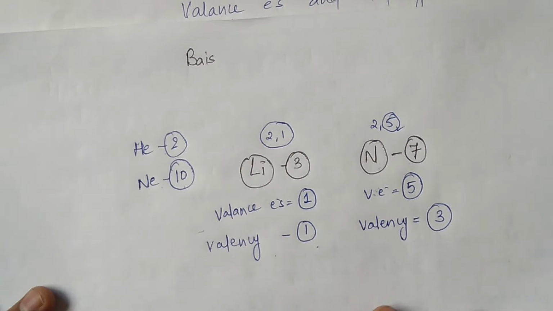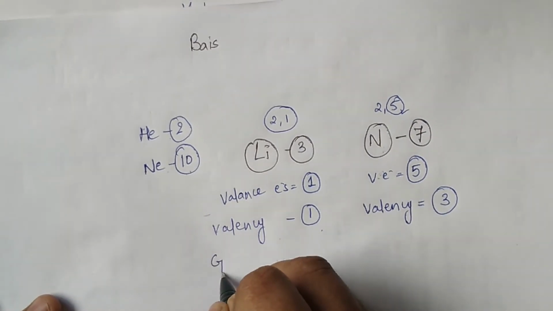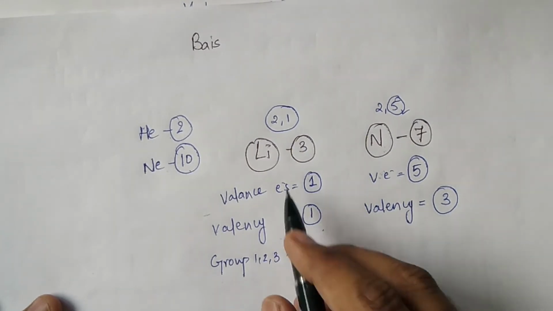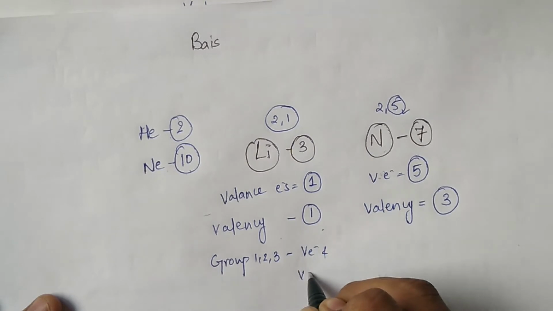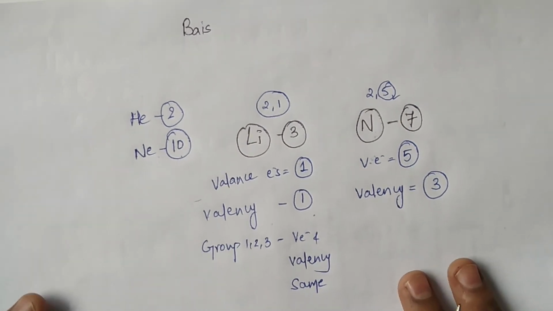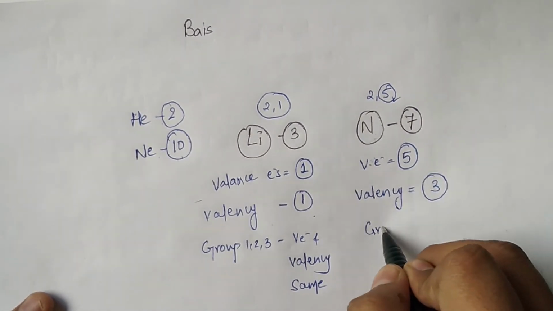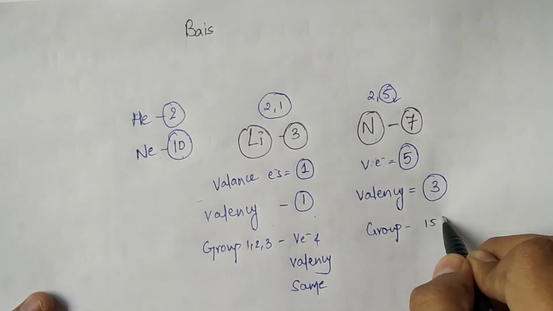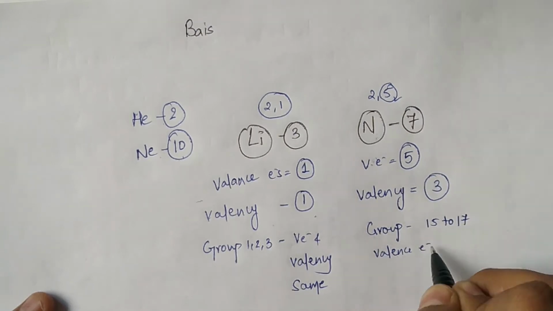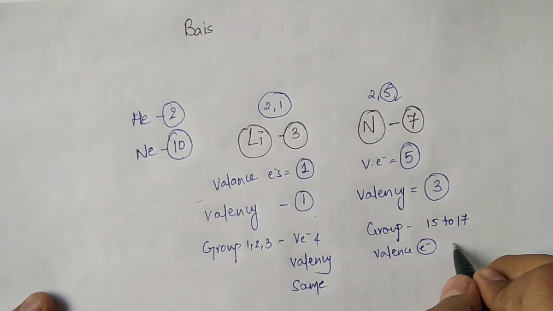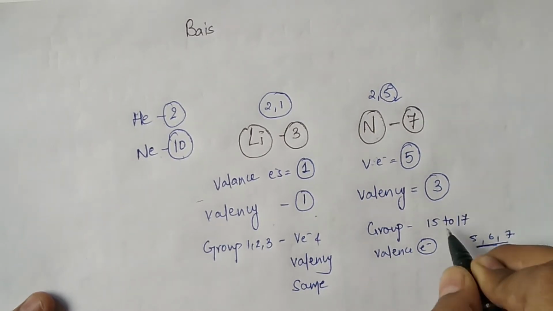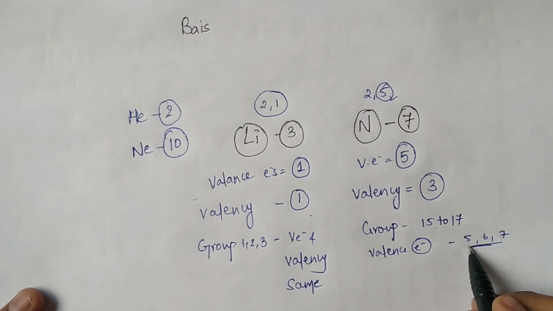That means generally groups 1, 2 and 3 have valence electrons and valency the same. But if we take group numbers 15 to 17, then valence electrons lie between 5, 6 and 7. 15, 16, 17 means 5, 6 and 7.